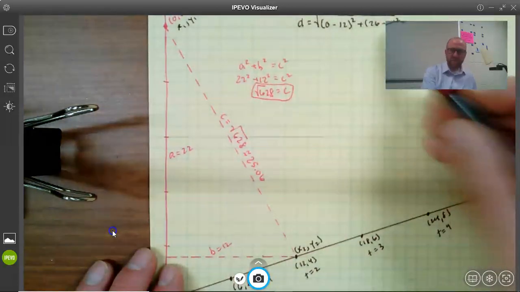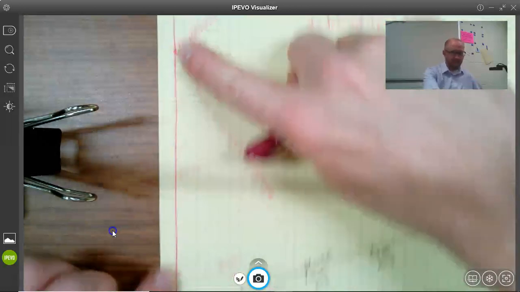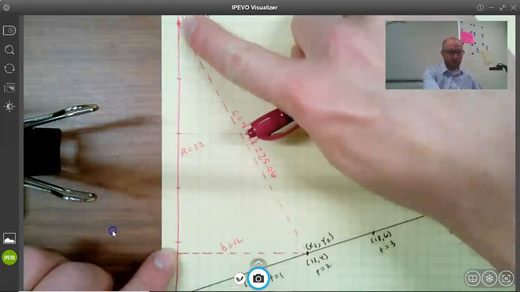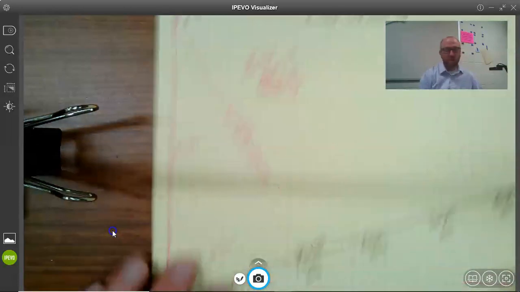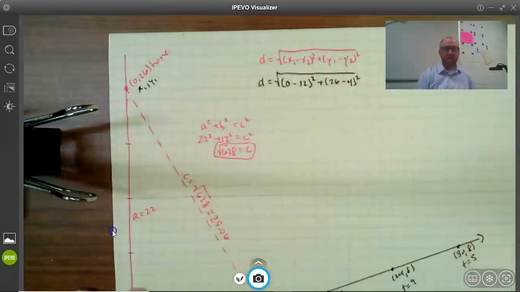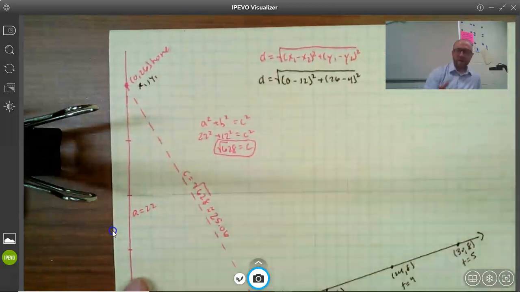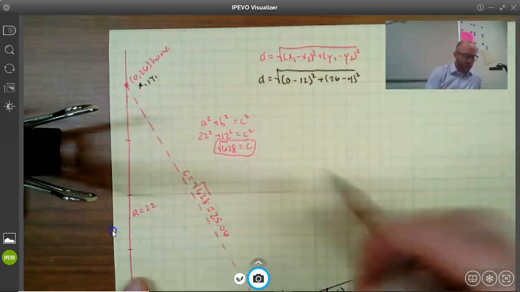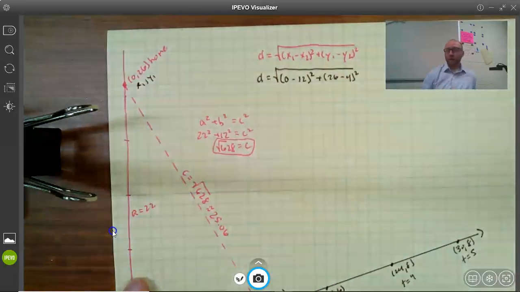And here, 26 minus 4, well, we knew that this was 26 spaces up, and that this line here was 4 spaces up, so 26, take away these 4 spaces down here, leaves us with 22. So you can see how the distance formula is doing the same calculation we did with the Pythagorean theorem, it just does it without the counting spaces part. And the fact that this is a negative 12 instead of a positive 12 isn't going to matter after we square it, for starters.